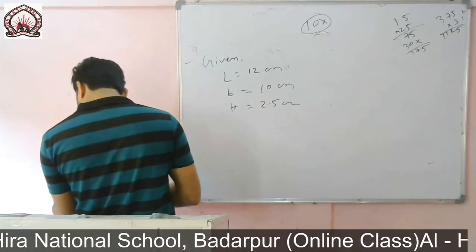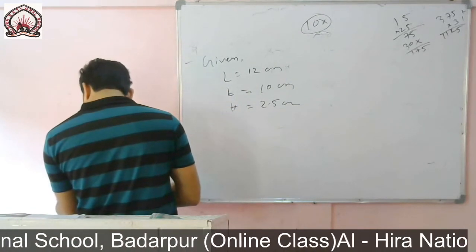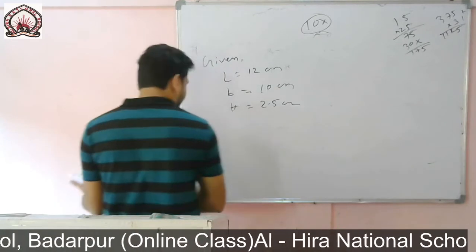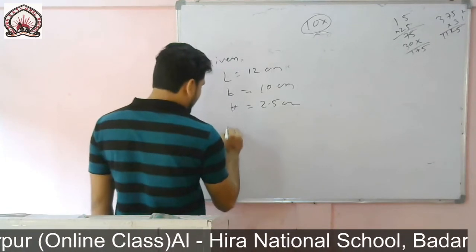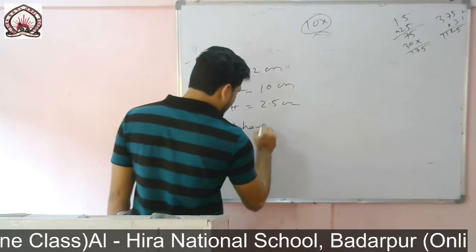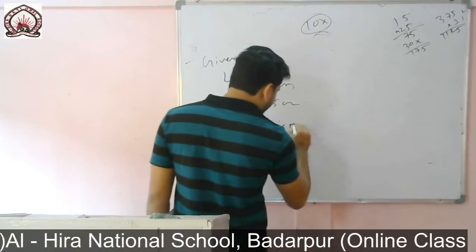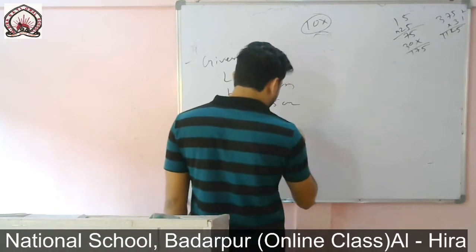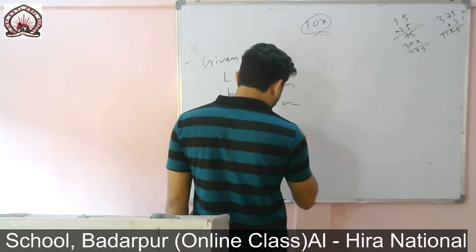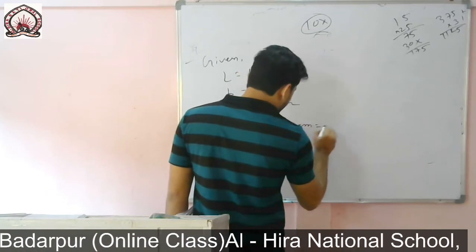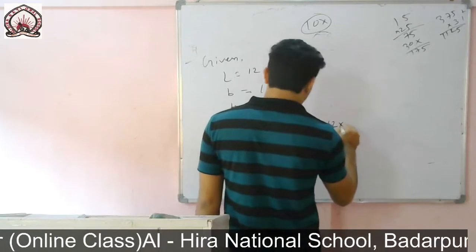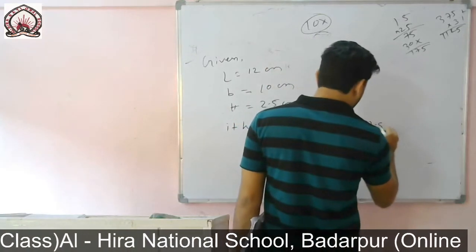Now how many ml of ice cream does it have? So ice cream equals to 12 into 10 into 2.5.